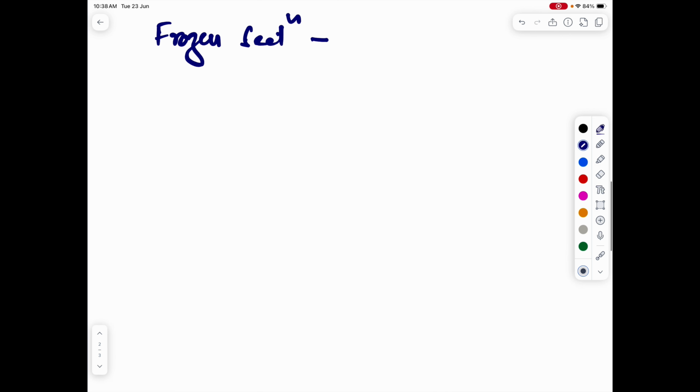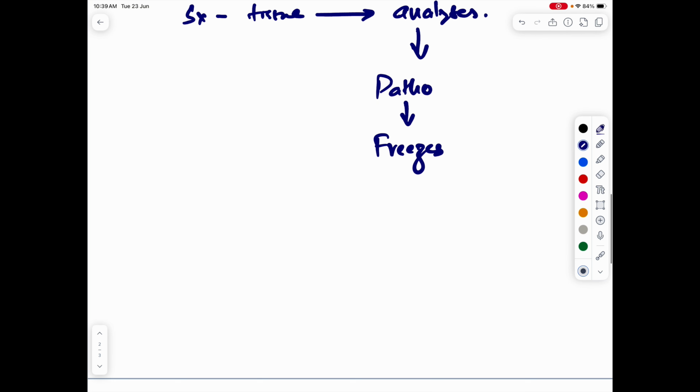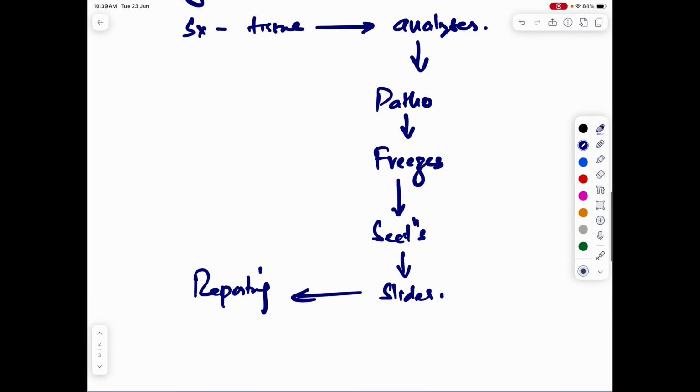The surgeon, while doing surgery, takes tissue from the tumor and sends it for analysis to the pathologist. The pathologist freezes it, does sections on it, and makes slides, and the report is given. This reporting is done while the surgery is going on, and it is informed to the surgeon.